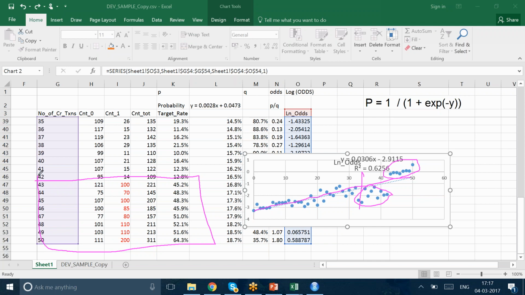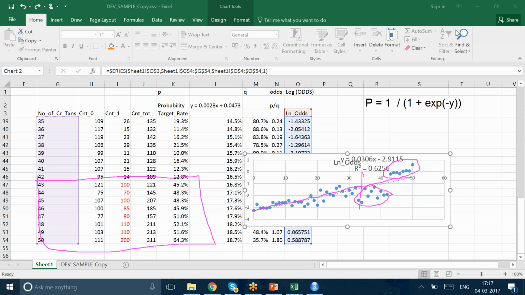First, I'll split the data into two segments: customers having number of credit transactions less than 42, and greater than 42. Build one model for one segment, another model for the other segment. So to handle bias, we build multiple logistic regression models. Clear? Yeah?